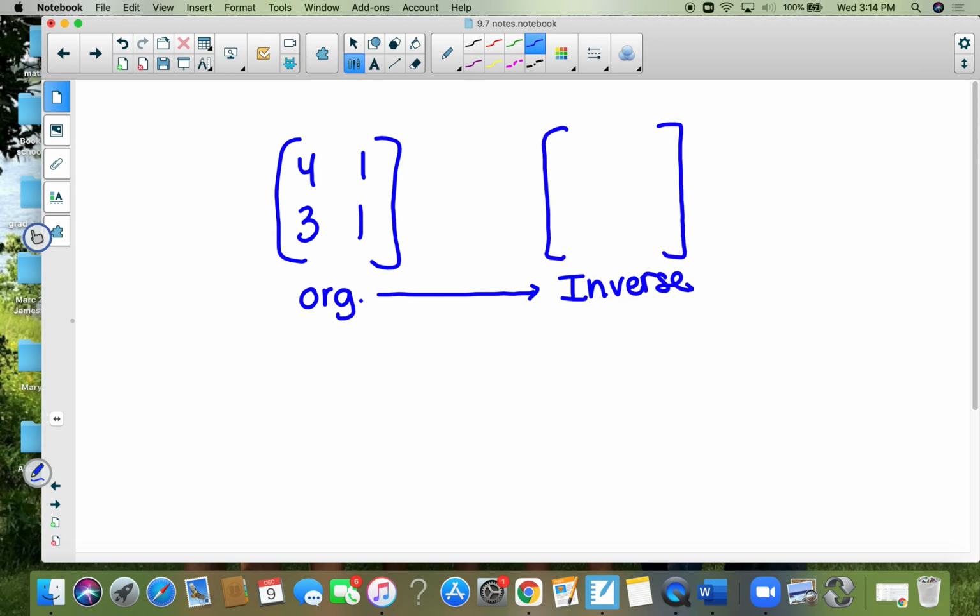So the first thing you have to do is do 1 over, and remember underneath here is the determinant. How do you find the determinant? 4 take away 3 equals 1. So that's going to end up being 1 divided by 1.